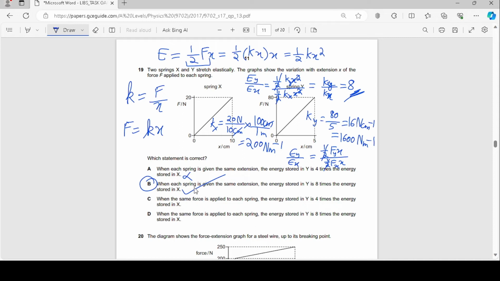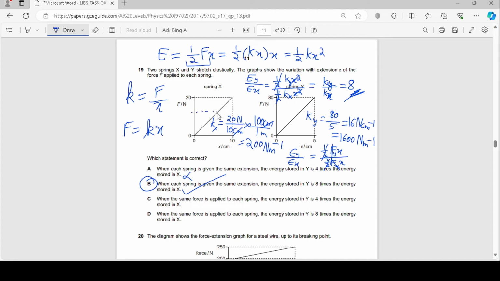Well, there comes the problem, I suppose, that I can't just assume their extension is the same, can I? Same force is applied, so the ratio is the ratio of their extensions.